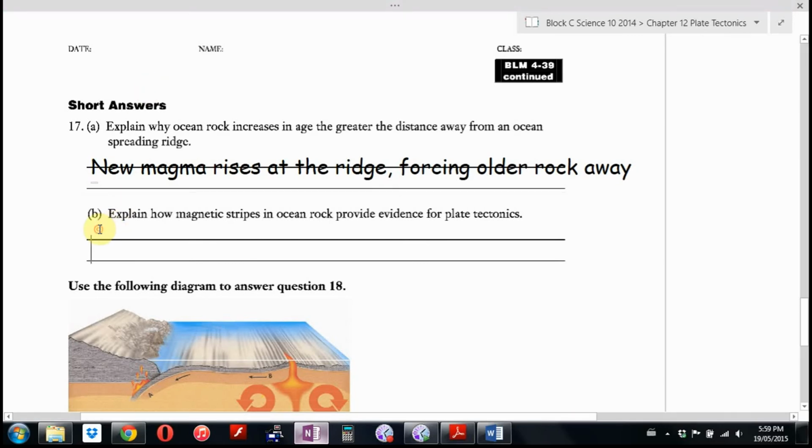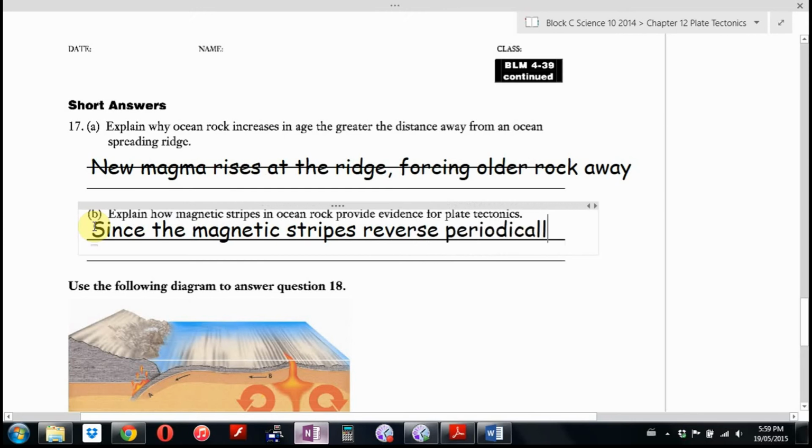B. Explain how magnetic stripes in the rocks provide evidence for plate tectonics.